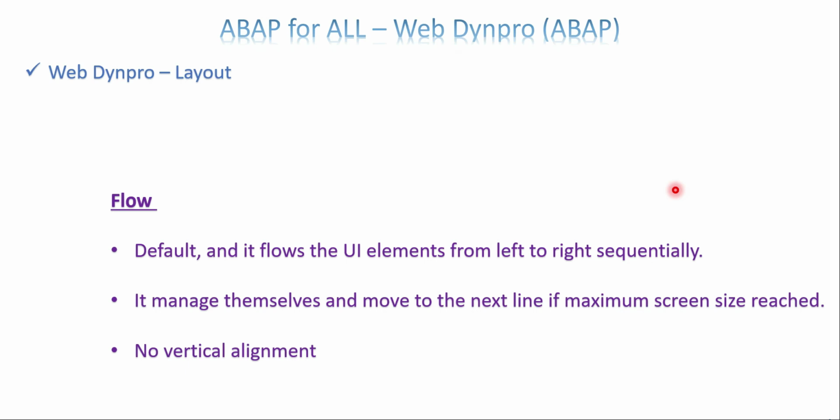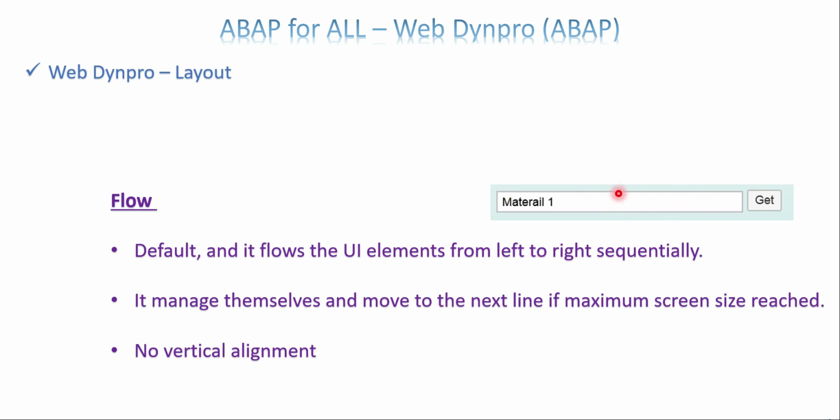Now come to the flow. Flow is the default layout and it flows the UI elements from left to right sequentially. Every layout has its own properties. Here you don't have an option to keep a component on a separate or new line. That is not possible in flow. Whatever component you keep using the flow layout, it always keeps your UI components on the same line.